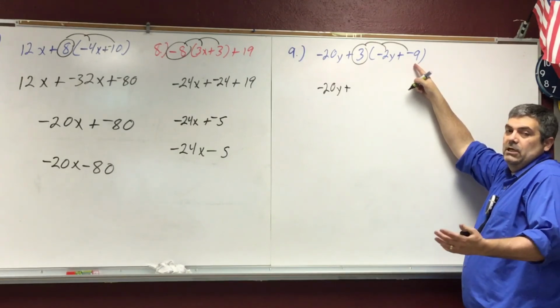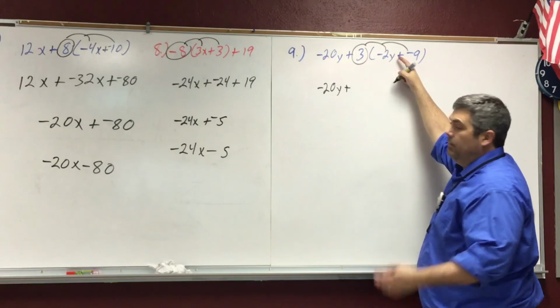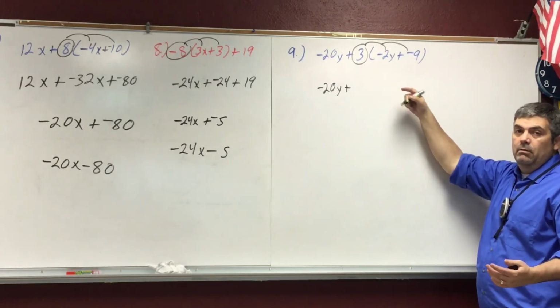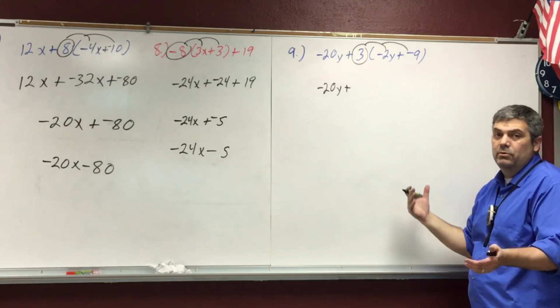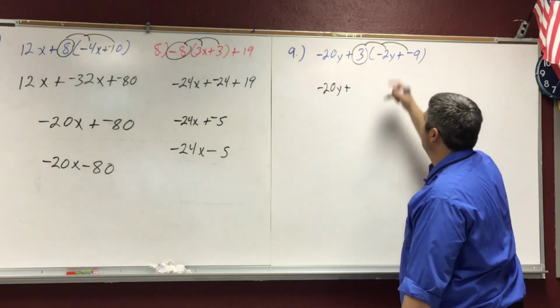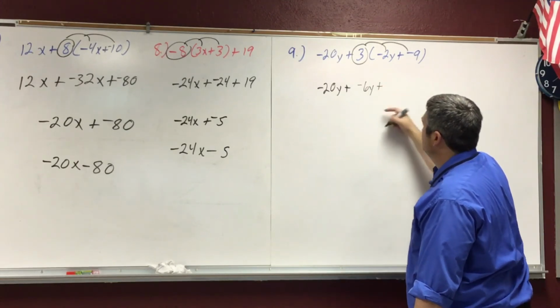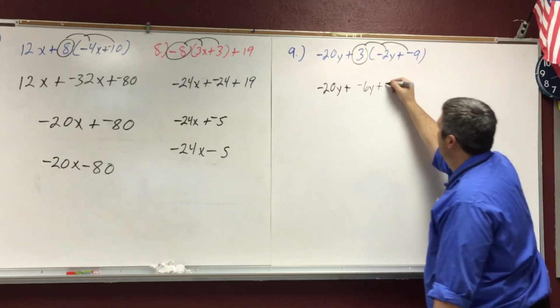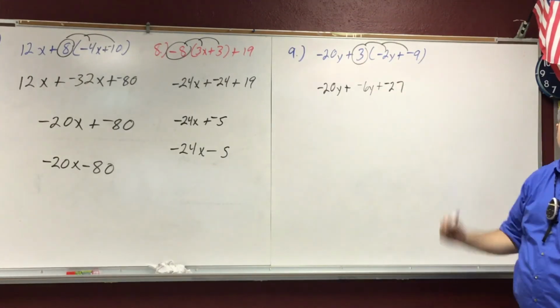I didn't have to change that, so I don't change this. I only change this if it's a subtraction here. If this would have been a subtraction, then I would have went in and did click, click. But it's not, so I don't do that. All right, so 3 times negative 2 gives me negative 6y plus 3 times negative 9, negative 27. Remember, a positive times a negative gets you a negative.